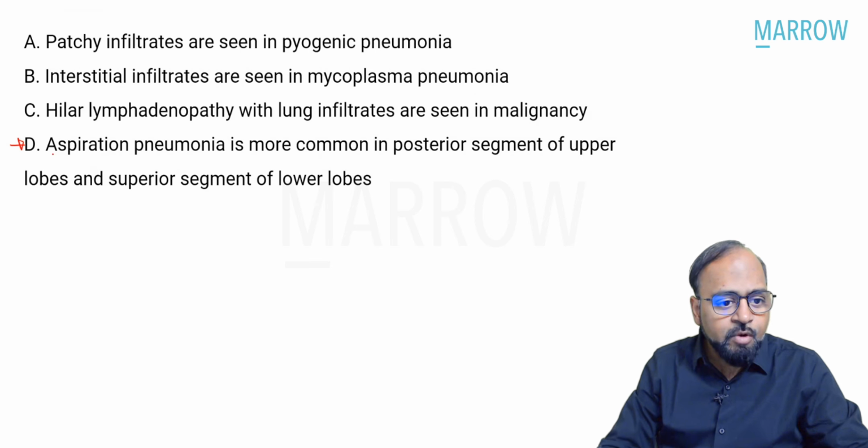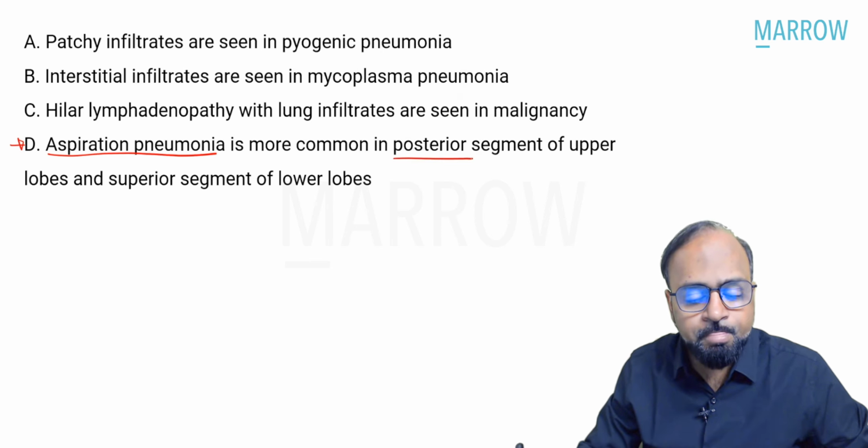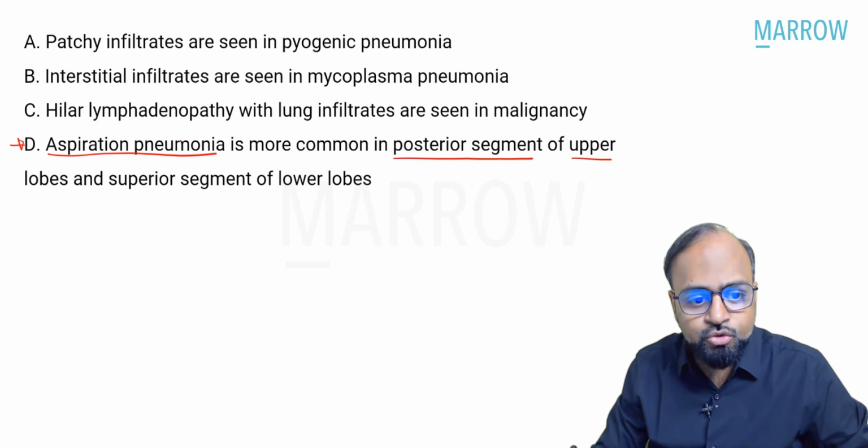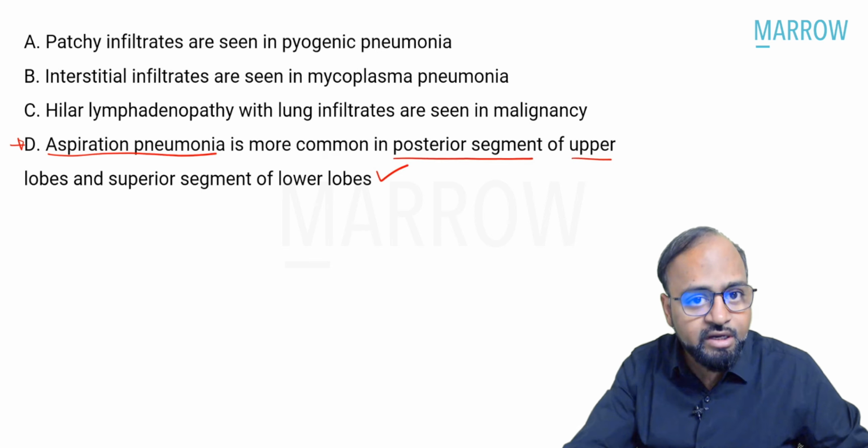So they put an option about aspiration pneumonia. So aspiration pneumonia, they said, is most common in the posterior segments of the upper lobes and the superior segment of the lower lobes. This is correct. So the question was asking you to identify the incorrect statement.